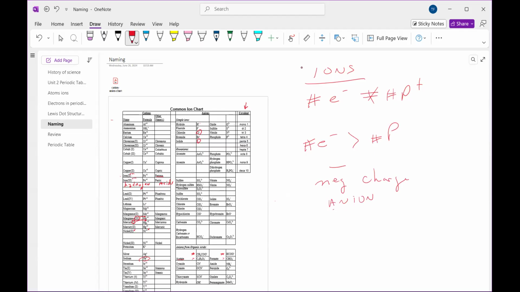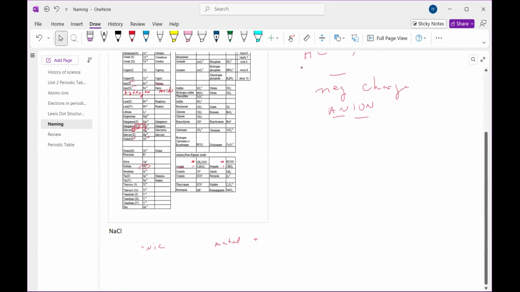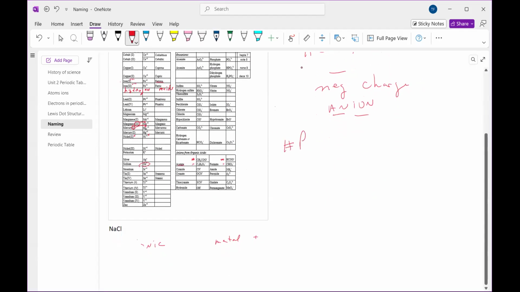Okay, anion. If the number of protons is greater than the number of electrons, it's called a cation, positive charge.